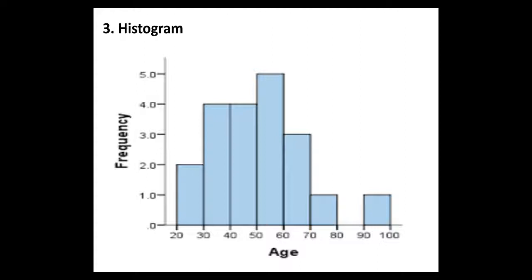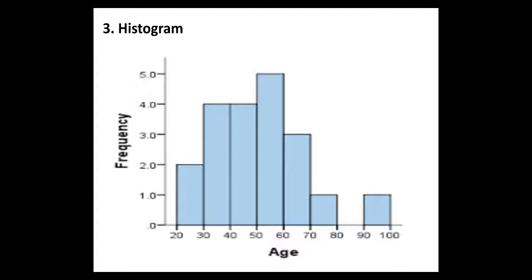The next one, histogram. See, I think you already have an idea about the histogram and how to draw it, and with the help of a histogram we can draw a trend line also. You may solve problems in your business statistics. A histogram is a visually interesting combination of vertical bar charts and line charts.